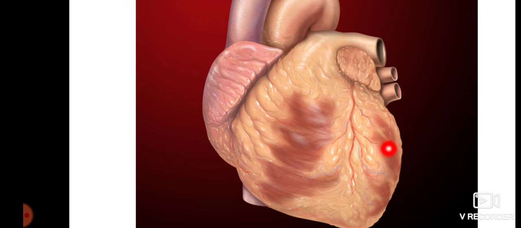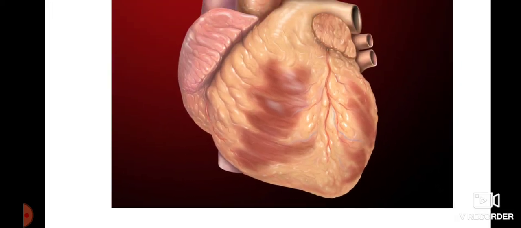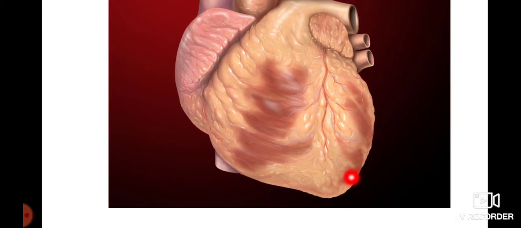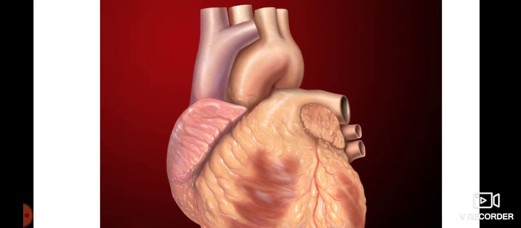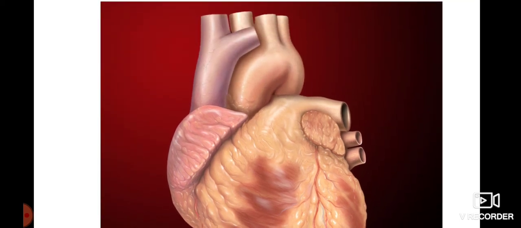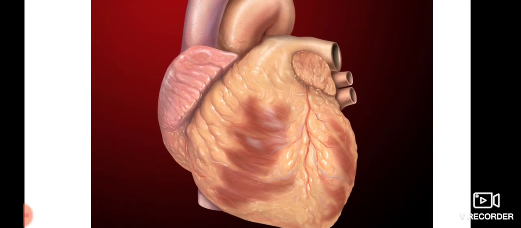The right ventricle and left ventricle are visible. So the only chamber which is not visible from the anterior aspect is the left atrium, which forms the base of the heart. The apex is the pointed part of the heart, which is formed by the left ventricle. That is the maximum pointed area of the heart. So that is about the base and apex.